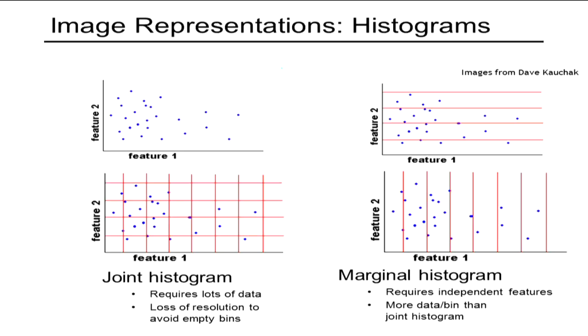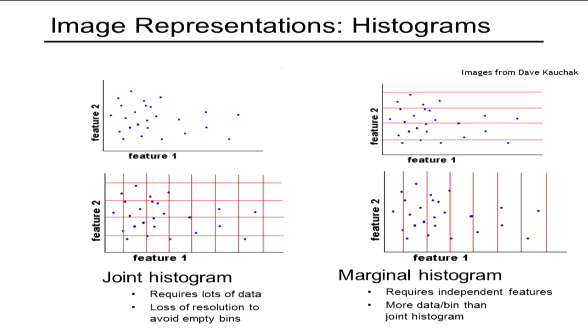You can do what's called a marginal histogram, which means you take every feature and just do a linear histogram of each. So you have a red histogram, a green histogram, and a blue histogram. So now you have three arrays of histograms for each image instead of one. Okay? That's called marginal histograms. It's fine. It misses some information. What information does it miss?